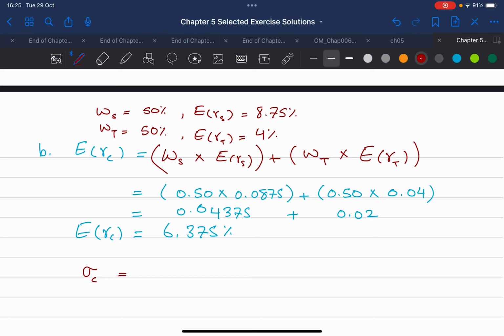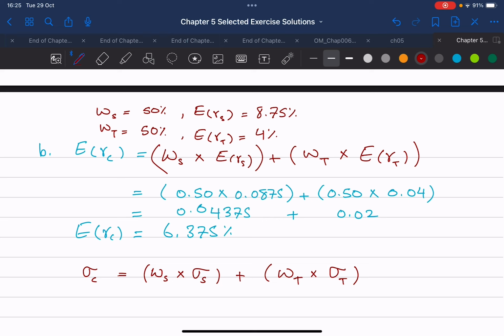So again, we need the weights, but we also need the standard deviations of each component. The calculation is going to be the weight of the stock component multiplied by the standard deviation of the stock component plus the weight of the treasury bill component, or the allocation of the treasury bill component, multiplied by the standard deviation of the treasury bill component.